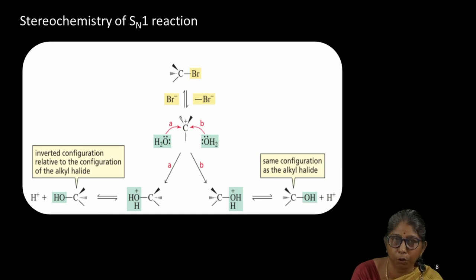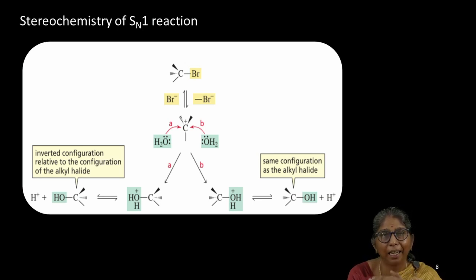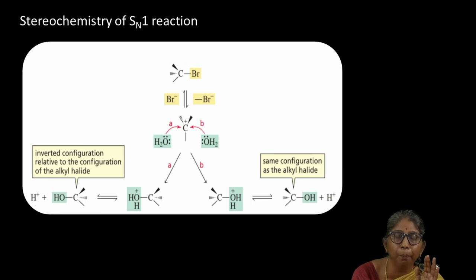So what happens to the product? You will always get both inversion of configuration and retention of configuration. The nucleophile will attach either at the position where the leaving group is present or at the opposite side. Both occur, so usually you will get a mixture.